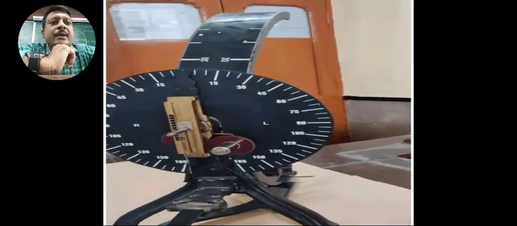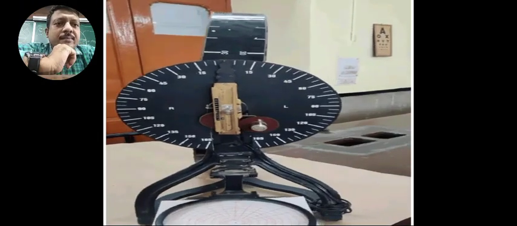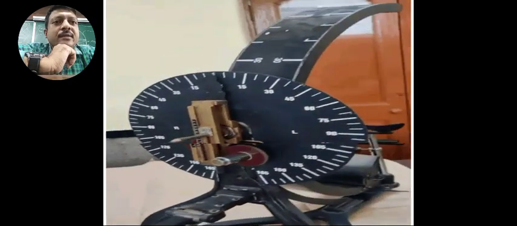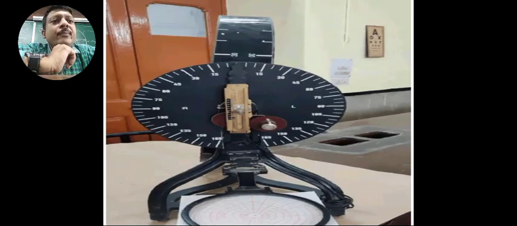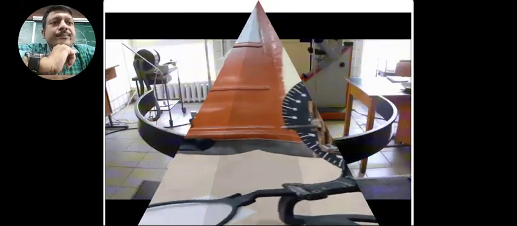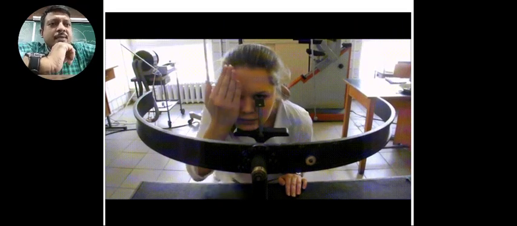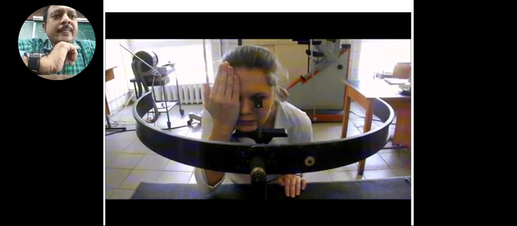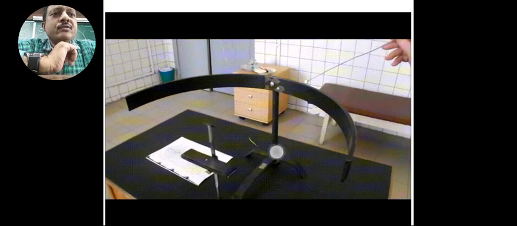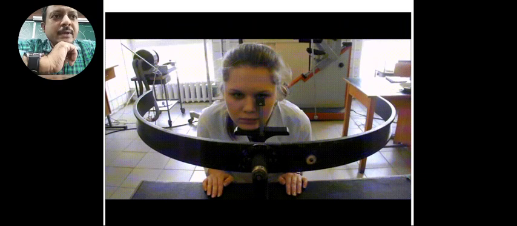Now the perimetric chart is present inside the chart holder, and this is the Lister perimeter. The subject should sit in front of the perimetric metallic arc.